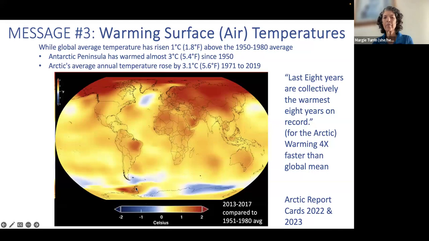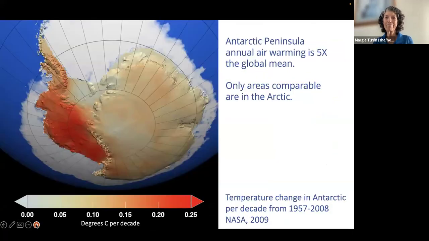and of course also the Antarctic Peninsula and around West Antarctica. And this has been increasing. The last 8 years are collectively the warmest 8 years on record for the Arctic. And that is certainly significant. I'm sure you all saw that 2023 was our warmest year on record. So we're certainly not seeing anything reverse.